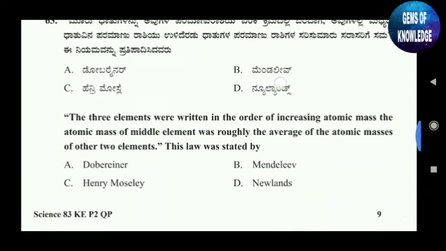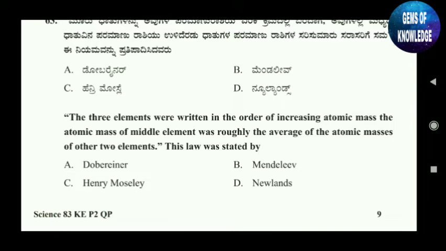Next, the 63rd one. Three elements were written in the order of increasing atomic mass. The atomic mass of the middle element was roughly the average of the atomic masses of the other two elements. This law was stated by? Here the correct option is Dobereiner. We have studied Dobereiner's law of triads, where he said that when elements are arranged in increasing order of atomic mass, the middle element's mass is the average of the other two.